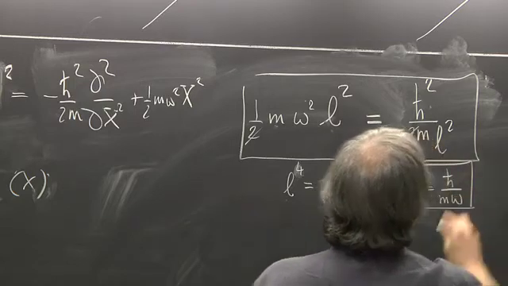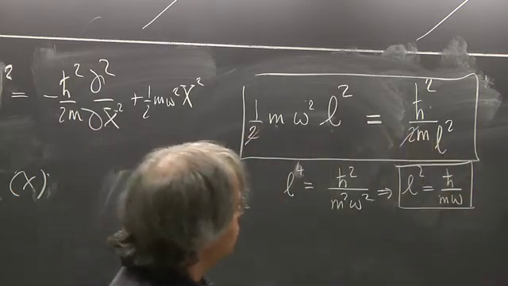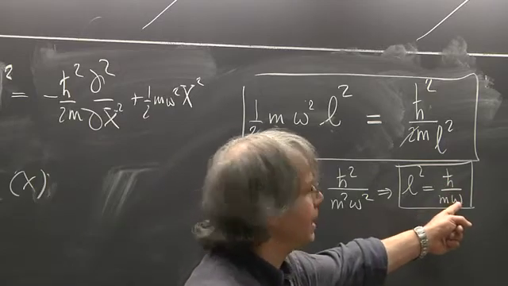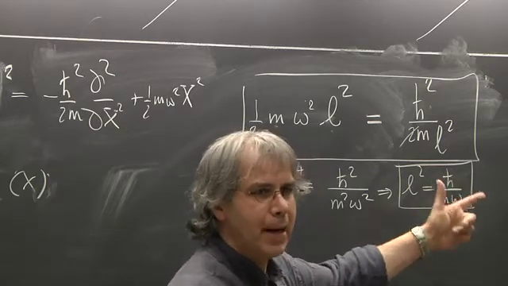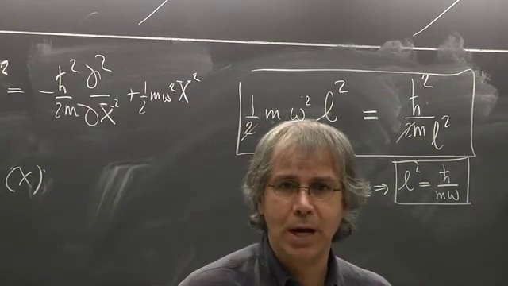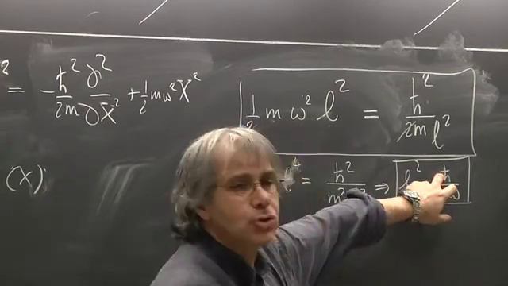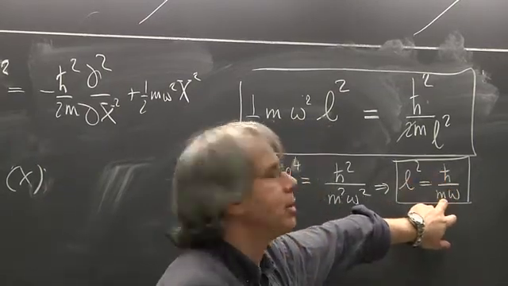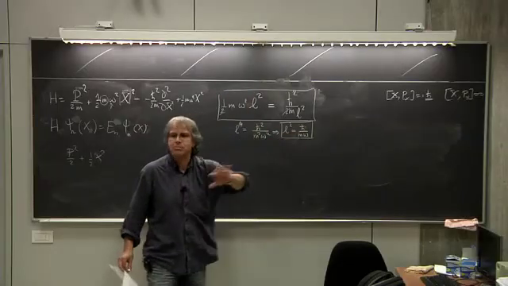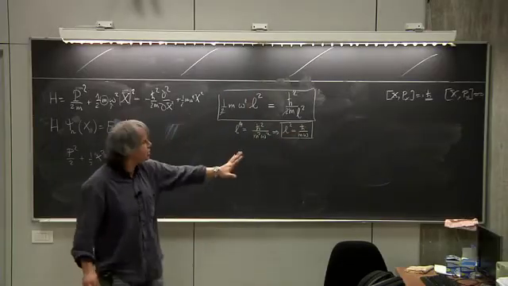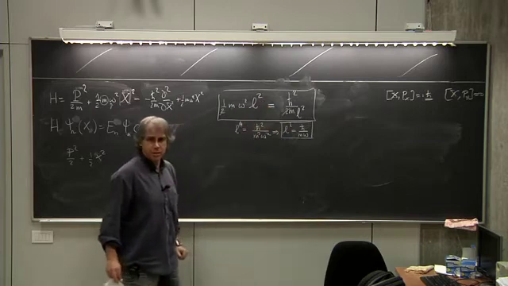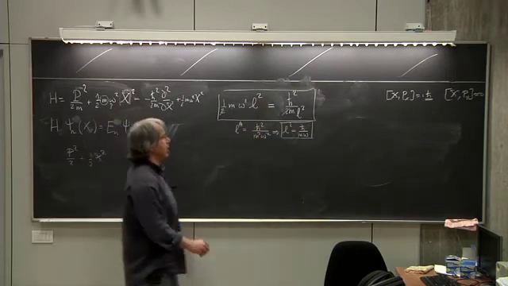So there is a length which is related to h bar, to the mass, and to omega, which is apparently useful in this problem. Now, these are 10 to the minus 34, whatever. No matter what they are, this length seems to be relevant, and we will use it now.